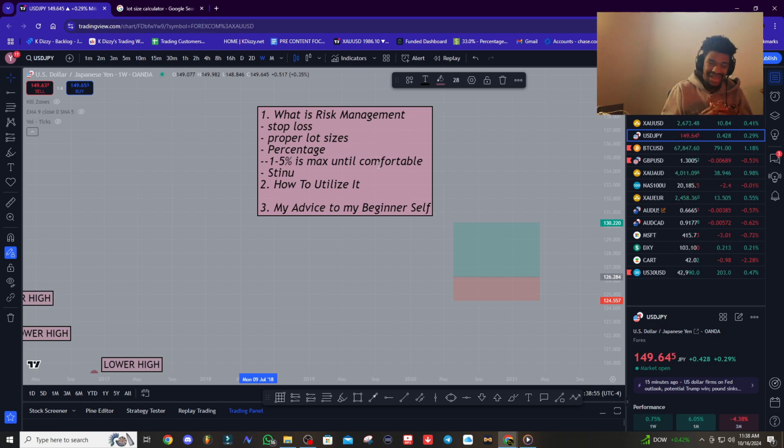I did not go past 3%, and I'm super glad I did because I have a foundation now of risk management. So now I can take it up a notch, where I'm able to risk 10% or more because I know how to mentally handle numbers when it's a higher percentage. You don't know yet, and this is why you need to stay in the 1 to 3%. But 1 to 5 is like max.